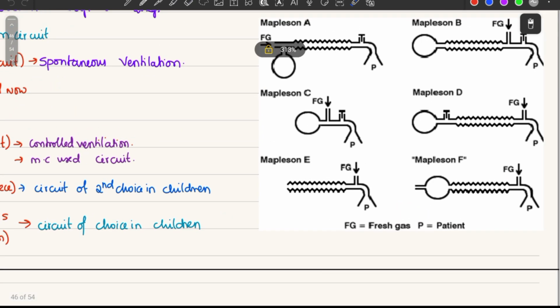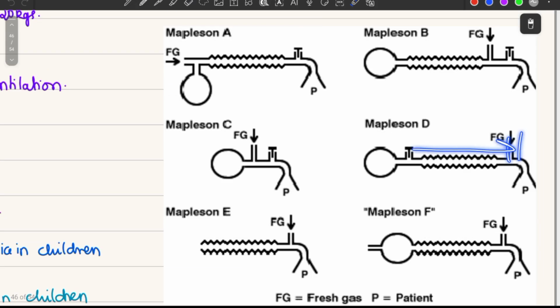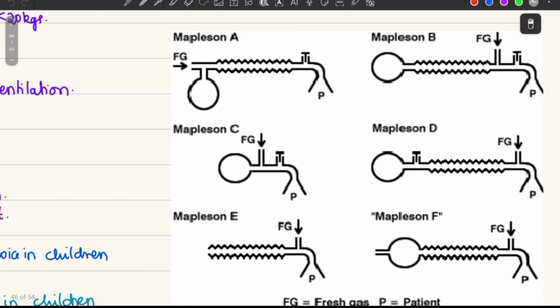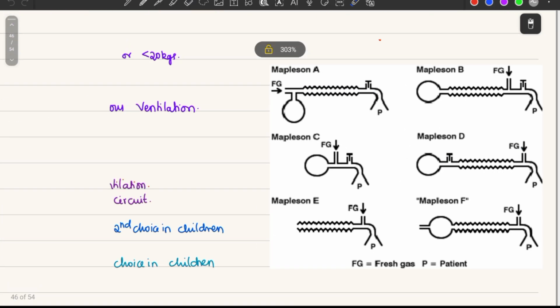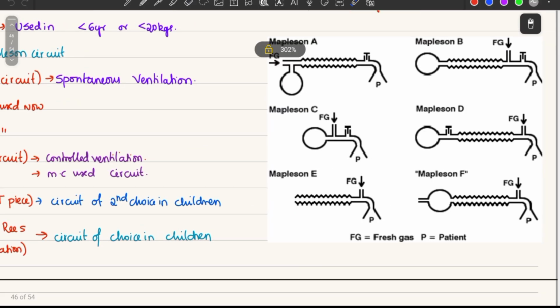See, how I remember is that both are at the same level, right? So you can control it. But on this side, one is coming from this side and another from this side, so you can't control this. So this is spontaneous breathing. Whereas when both the pipelines are at the same level, it's controlled ventilation. This is just to remember what I am telling.